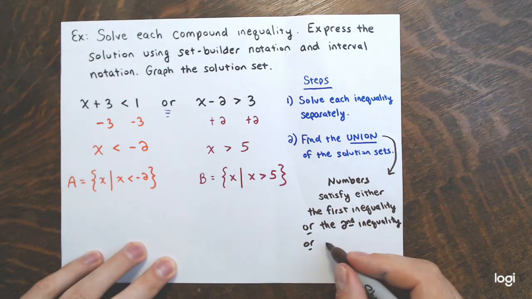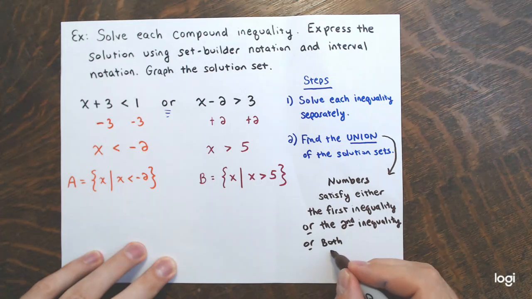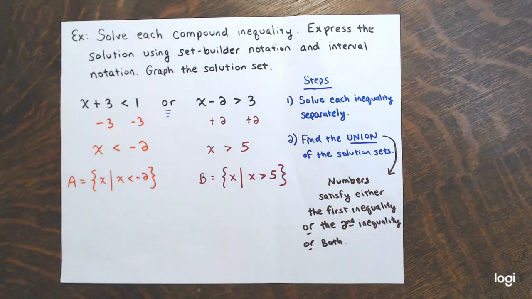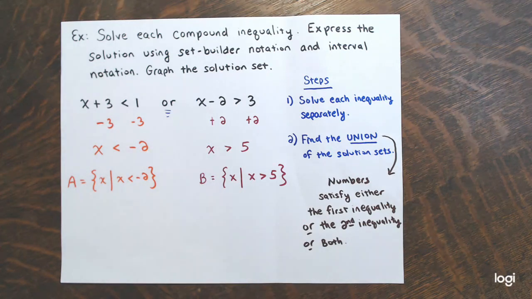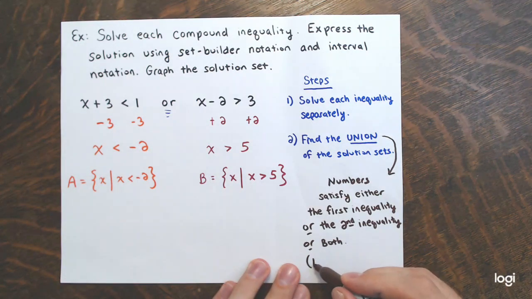So you've got the word or here twice. When you see it, this or is sometimes referred to as the inclusive or.